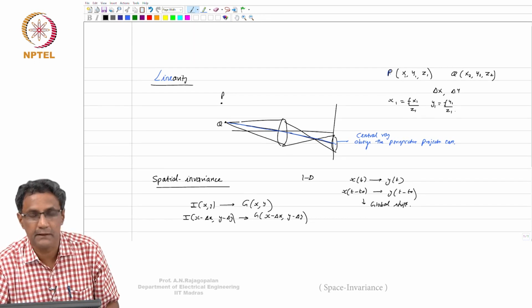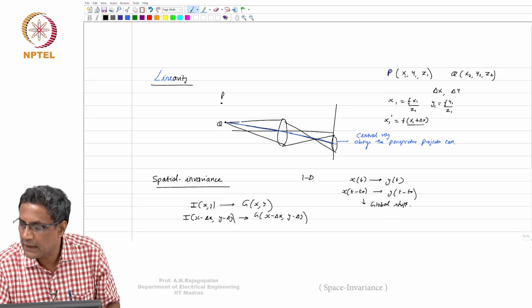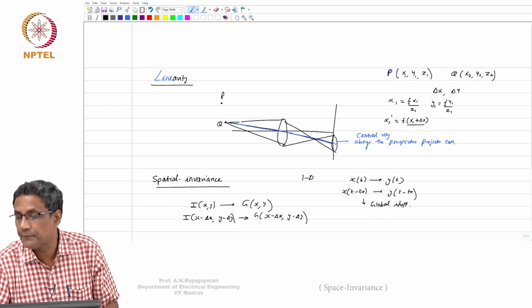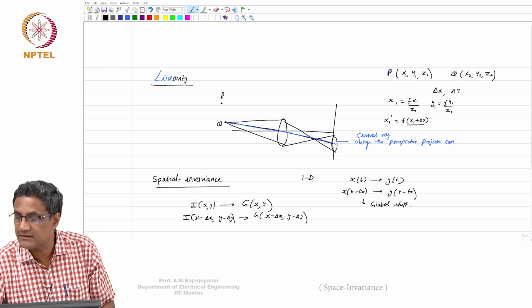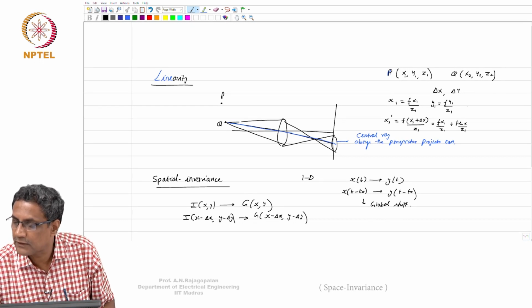After you move by an amount delta x, delta y, you will have a new one, x1 prime, which is f times (x1 plus delta x) by z1. Since your z1 hasn't changed, you get f x1 by z1 plus f delta x by z1. Similarly, y1 prime will be f y1 by z1 plus f delta y by z1.